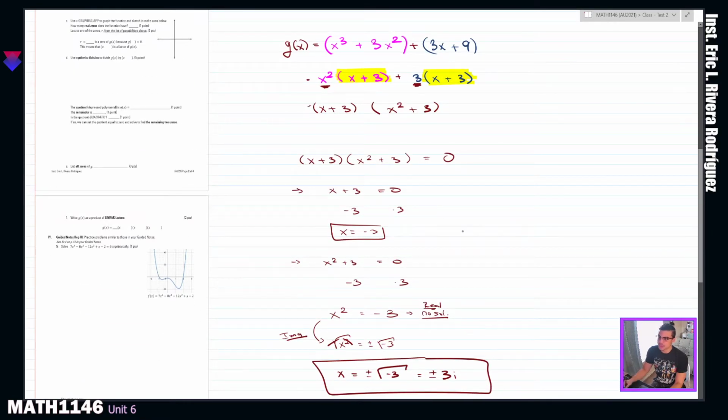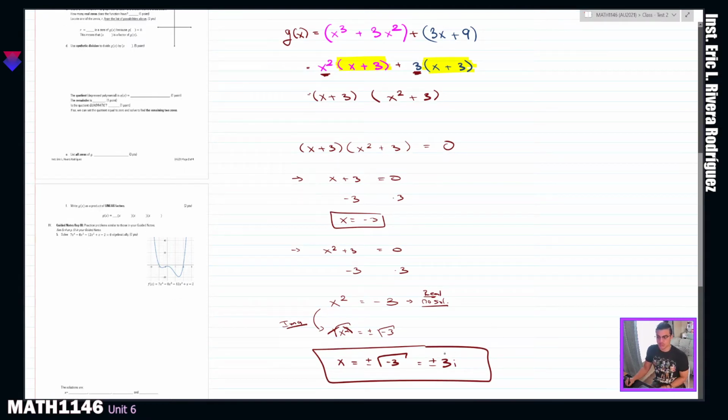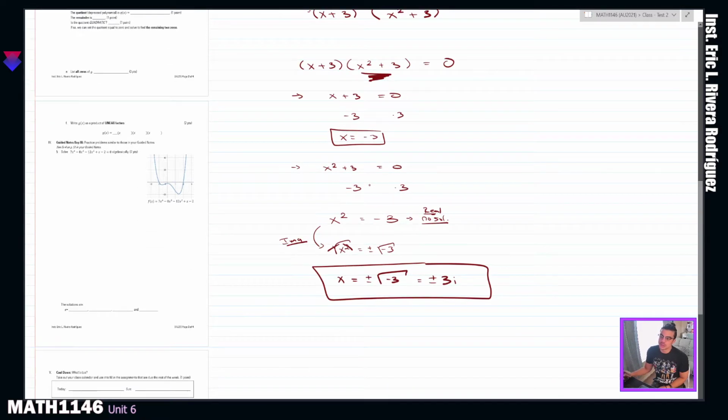At this point, you might wonder, wait, we know that if we have a zero, we have a direct linear factor. And here we have two zeros, positive and negative 3i. And yes, we can get linear factors from those numbers. That means that this quadratic factor could be factored as, let me put it here, the first factor is a linear factor, right? x plus 3.